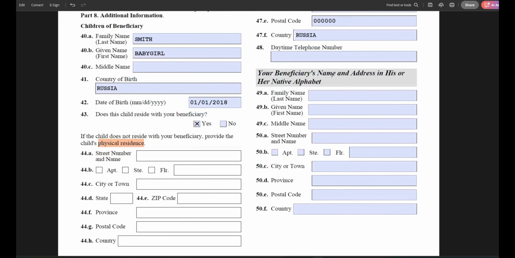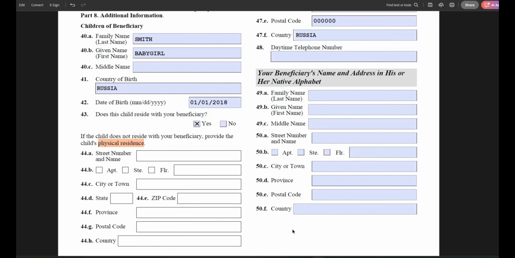Next, provide your beneficiary's name and address in his or her native alphabet. So, if your beneficiary is from a country that uses Roman letters, which means English letters, so for example, they are from Latin America, Central America, Europe, where most of those countries use English letters, then you can leave this whole area blank.